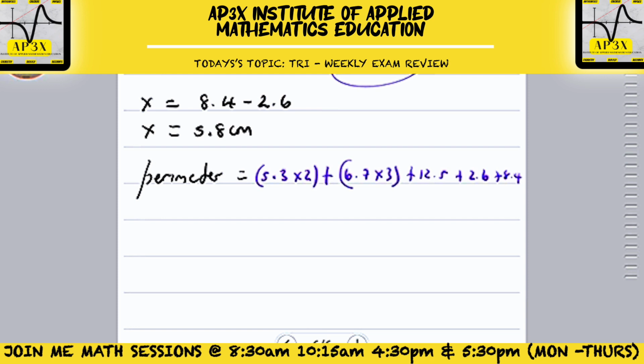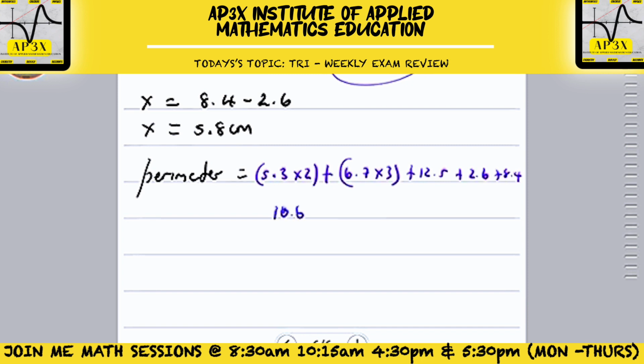So 5.3 multiplied by 2 gives us 10.6. And then we have 6.7 times 3, that gives us 20.1. And then we have that 12.5 plus 2.6 plus 8.4.